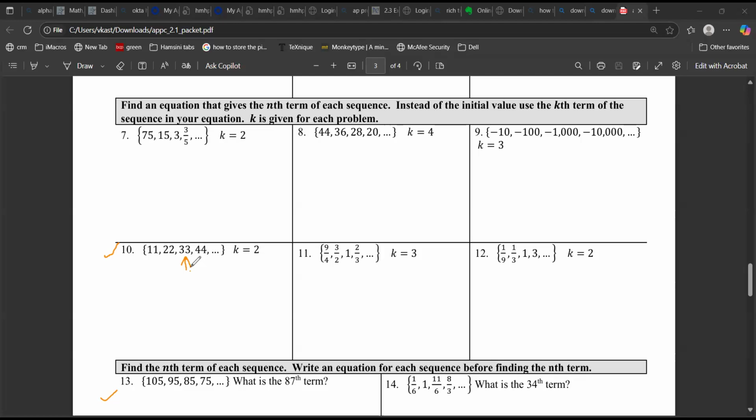It's a little confusing, guys. They've used 1, 2, 3, 4. Oh my goodness. They have used 1, 2, 3, 4: first term, second term, third term, fourth term.